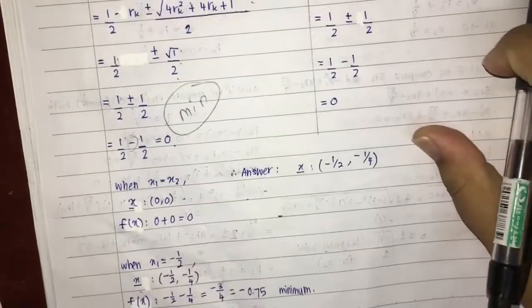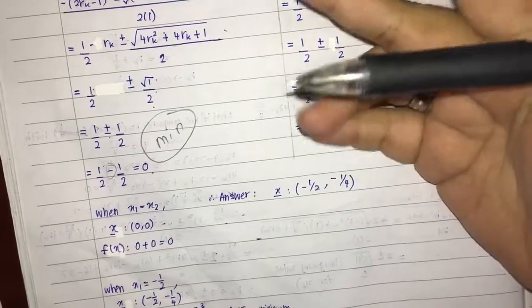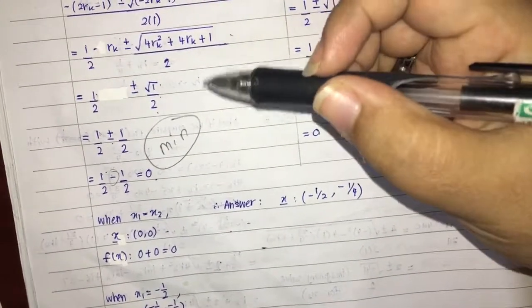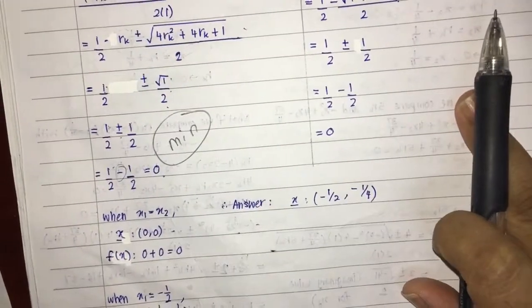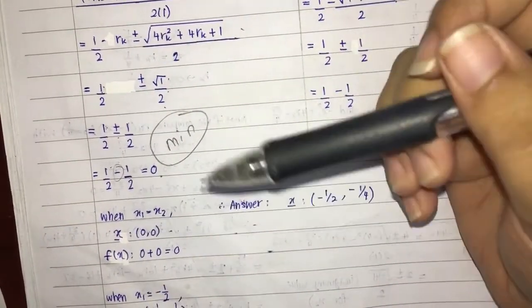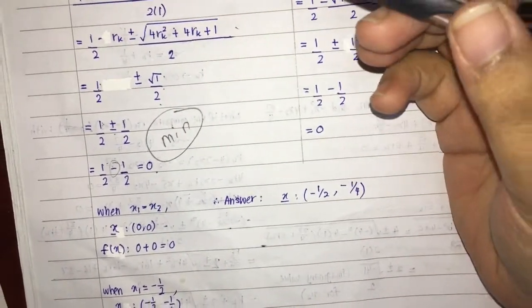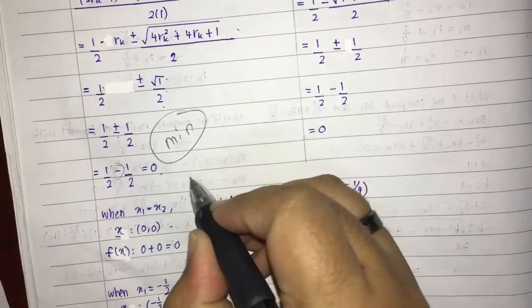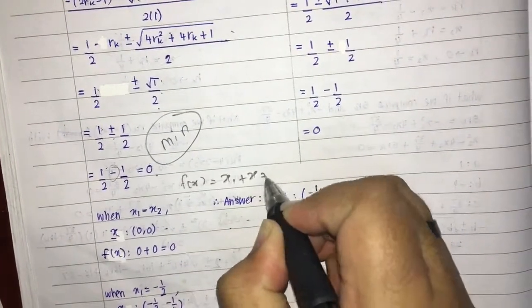Since we have two possibilities, just now we have x1 equal to negative half and x1 equal to x2. We need to find the minimum one. We have to substitute in our original function, which is fx equal to x1 plus x2.